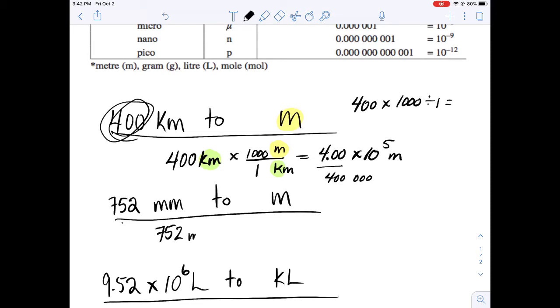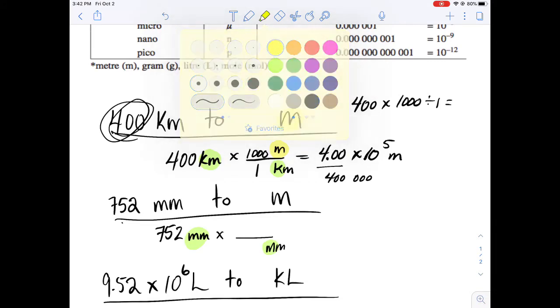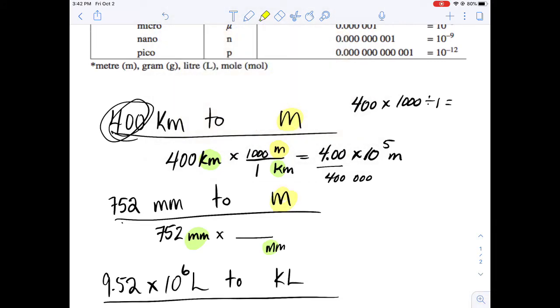We're going to continue now, and convert 752 millimeters, and we want to come out with meters. So I'm going to multiply it by a fraction. Again, I want to get rid of my millimeters, so I put that in the denominator here. I want to be left with my meters, so that goes in the numerator. What I want goes on top.